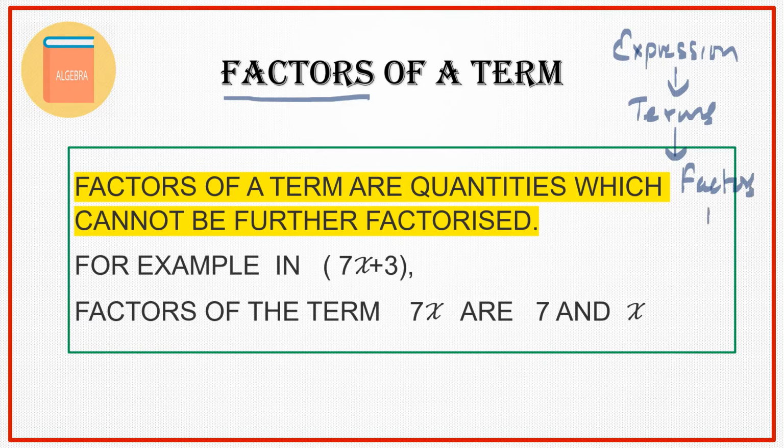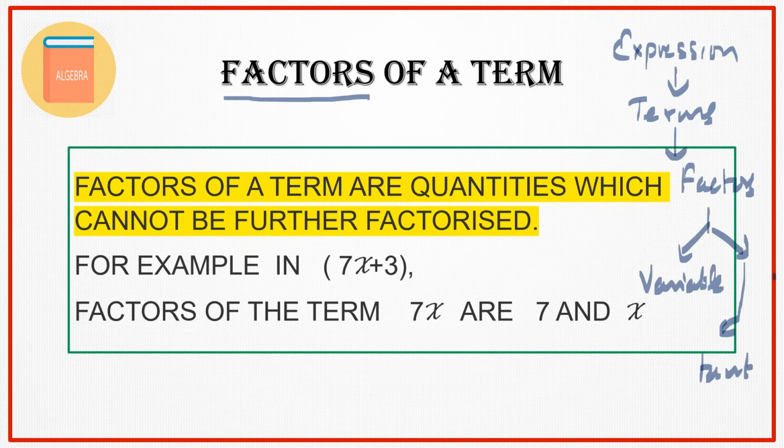And these factors can include a constant and a variable. So this is how a simple algebraic expression can be written.